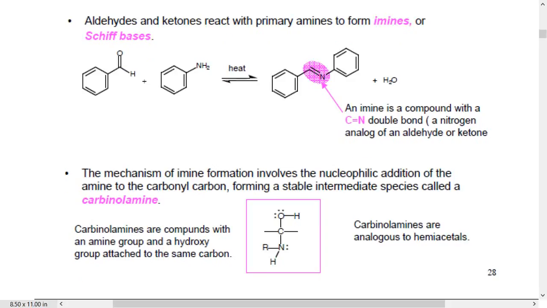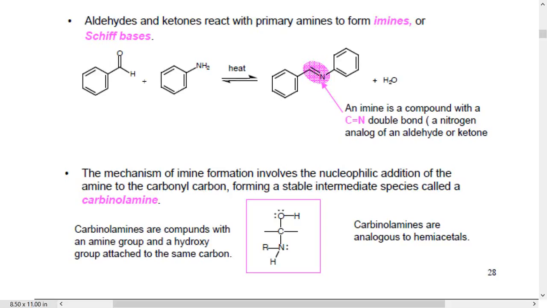Amine says, I'm going to add, I love nucleus. Why does it love nucleus? It has a lone pair. That's why it's rich in electrons. They say, I'm amine, my name is amine, I'm going to love nucleophilic addition.